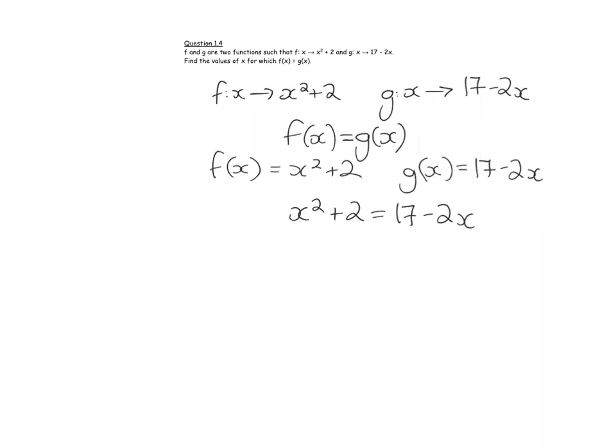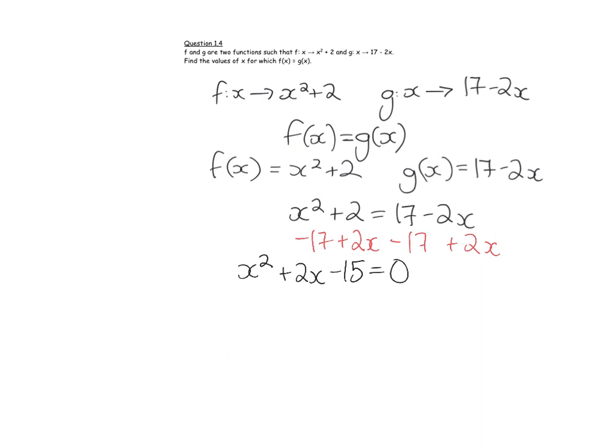And then we just have to solve that equation. I'm going to bring everything over to the left hand side, so I'll do minus 17 and plus 2x on this side as well. So x squared will stay as x squared plus 2x, and then 2 minus 17 is minus 15, is equal to 0.